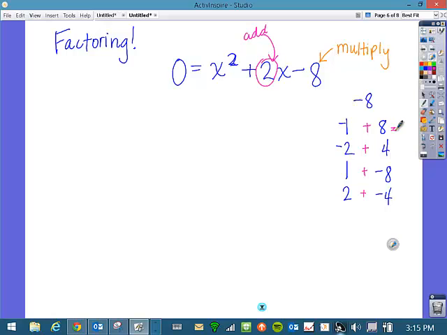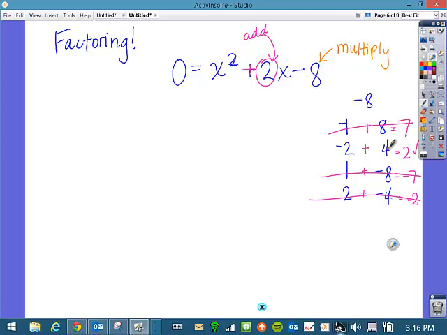So -1 plus 8 is 7. -2 plus 4 is 2. Cha-ching! 1 plus -8 is -7. 2 plus -4 is -2. So it's close, but it's not the same because we want +2, whereas this is -2. So our answer is -2 and 4.